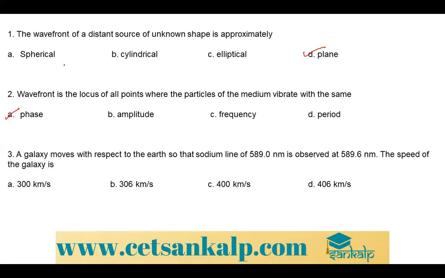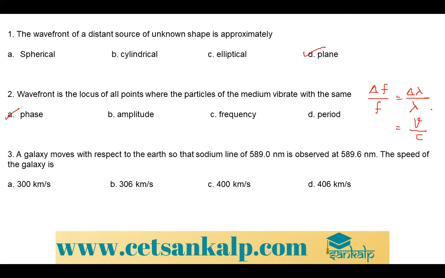Here the velocity is small compared to the speed of light. So finally the expression is delta f by f is equal to delta lambda by lambda is equal to v divided by c. This is the expression for the Doppler effect. So based on that only.